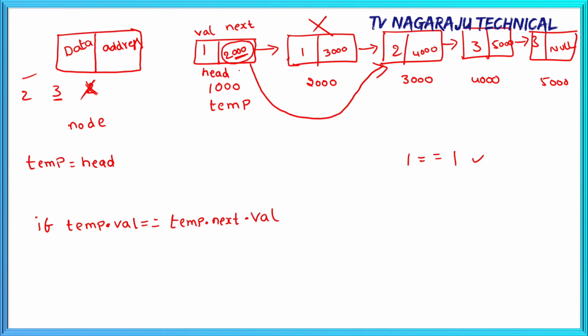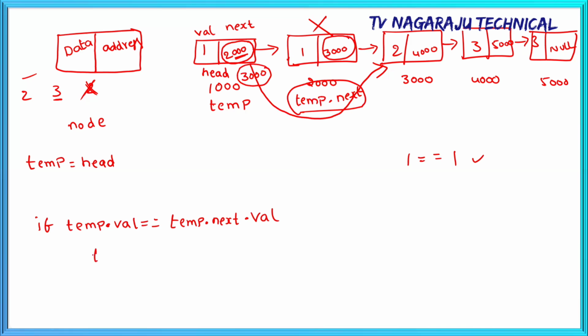Once you delete this node, at this position you store the address 3000. Yes or no? But where is 3000 available? 3000 is available at this node. What is the name of this node? If this is temp, this is temp.next. In this next, 3000 is available. That is assigned to this one.